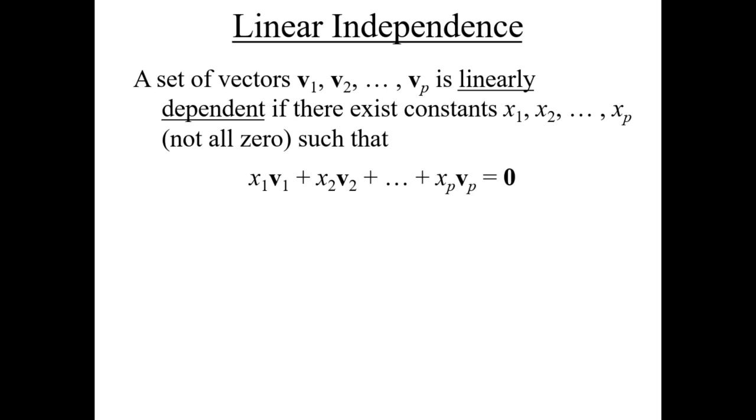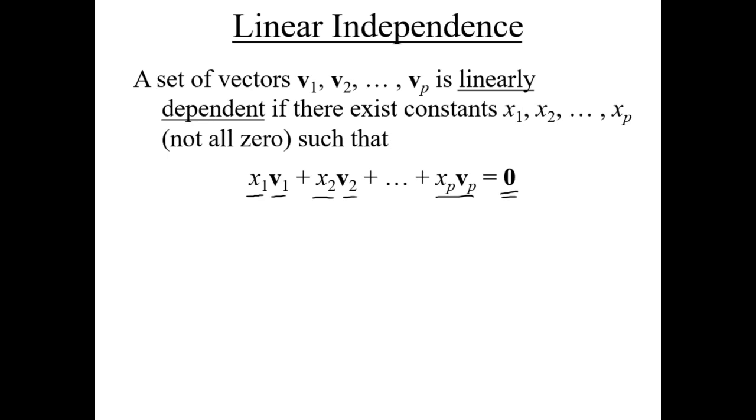So basically I can do a constant times v1, a constant times v2, and so on, and when I combine them all together, I get the zero vector. Again, that's always going to be true if my x's are all zeros. So linearly dependent means it's possible to find non-zero coefficients that will still work for us.